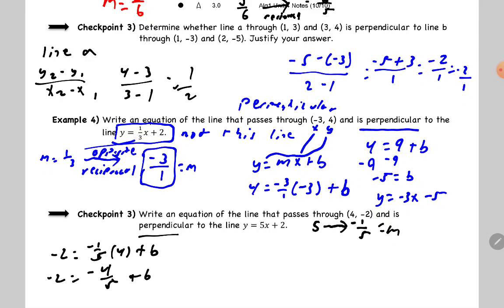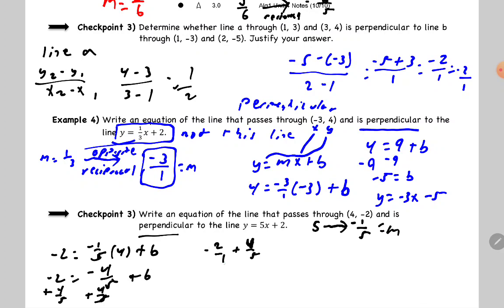Okay. So we're going to have a fraction because I have to add 4/5 over to both sides. So I have -2/1 plus 4/5. Now, if you don't remember your fractions, when adding and subtracting fractions, you need a common denominator. The lowest common multiple of 1 and 5 is 5.